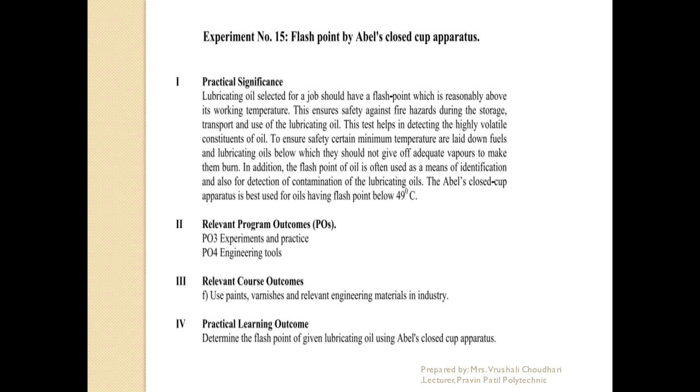Therefore we are going to check the exact flash point, and accordingly we will find out the working temperature of the oil. This helps us to detect the highly volatile constituents of oil. It also ensures safety and the minimum temperature at which fuels can be used.